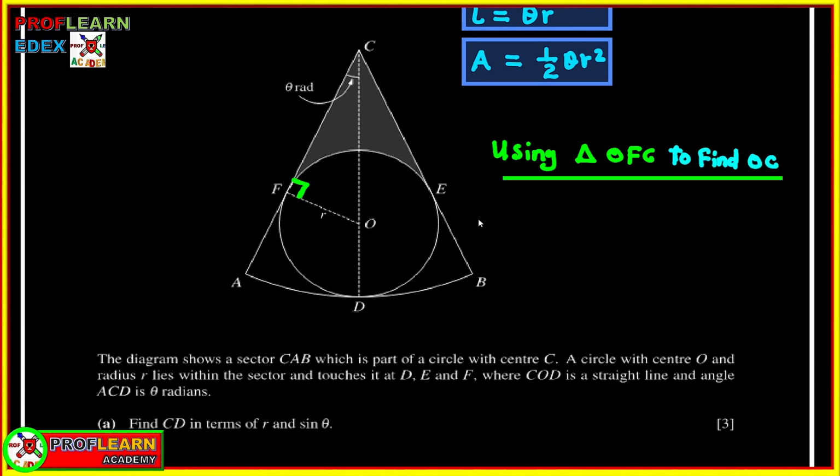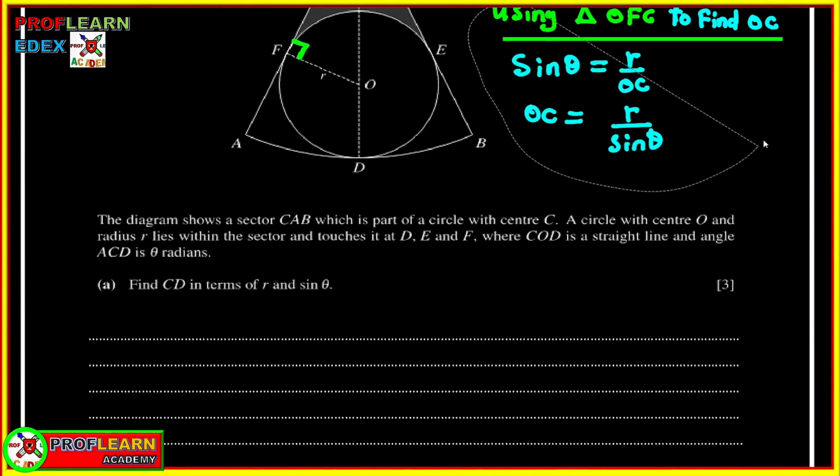We are going to use it to find the length of OC. We can say that sine theta equals opposite over hypotenuse. Our opposite is R and our hypotenuse is OC. Now we can make OC the subject of the formula and have OC equal to R over sine theta. But CD is actually OC plus the radius of that circle.